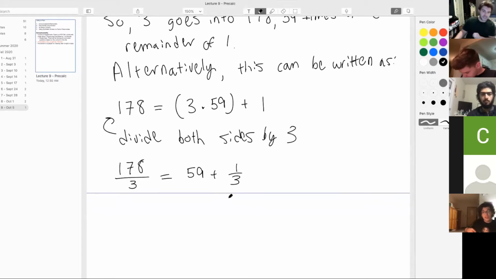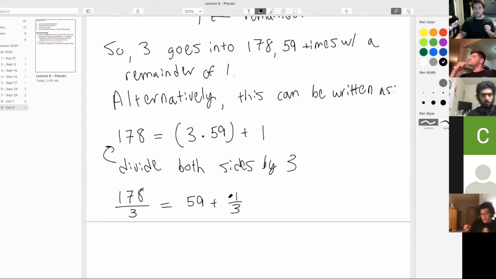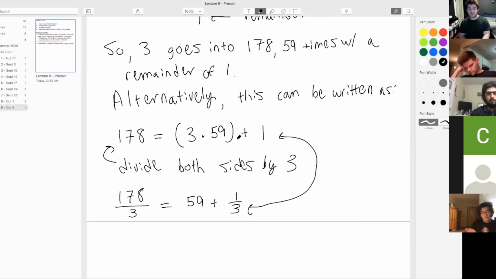We want to realize this division in both of these ways: as 3 times 59 plus 1, but also 178 over 3 is the same as 59 plus 1 over 3. We want to be mindful of that when we jump to polynomials.